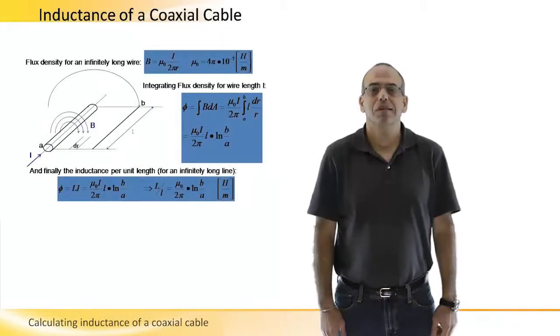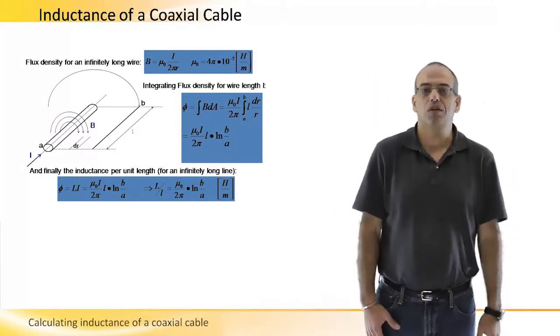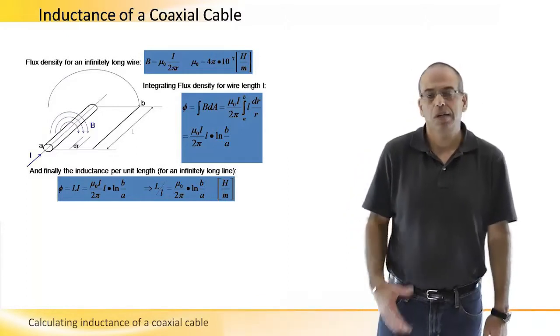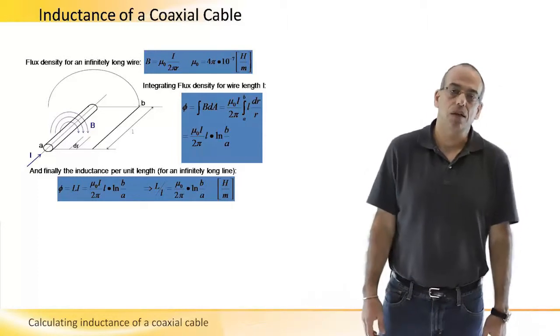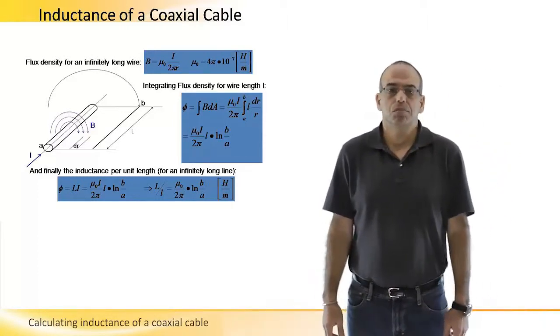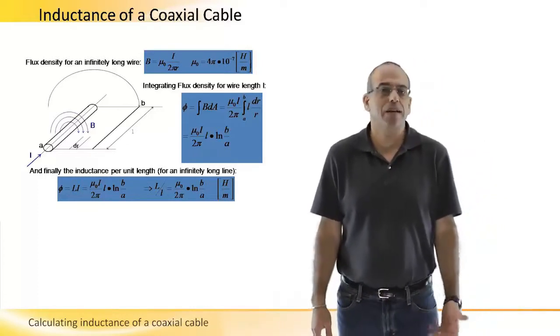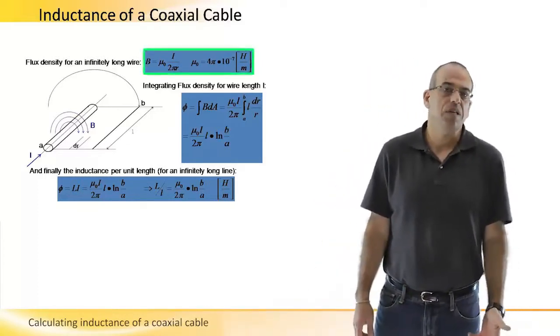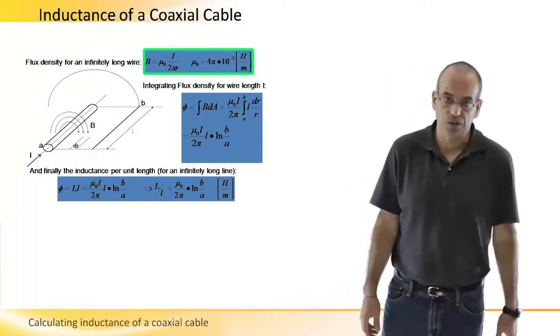So now we are ready to calculate the inductance of a coaxial line section, which is L long. For this, we can go back to our school days and find that the flux density B is proportional to the current and inversely proportional to the radius.